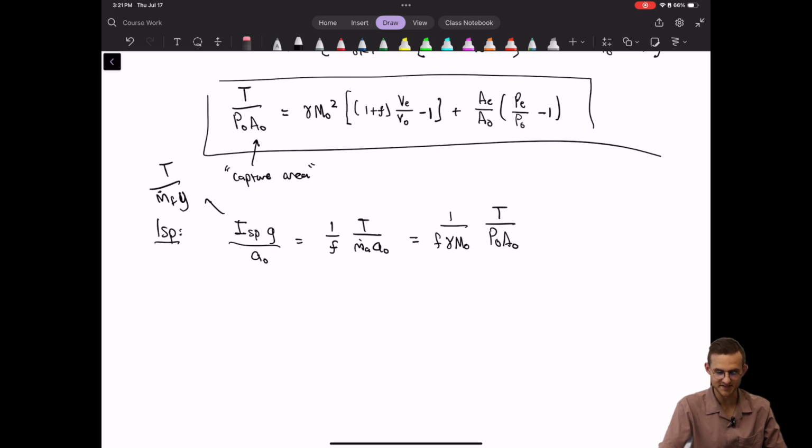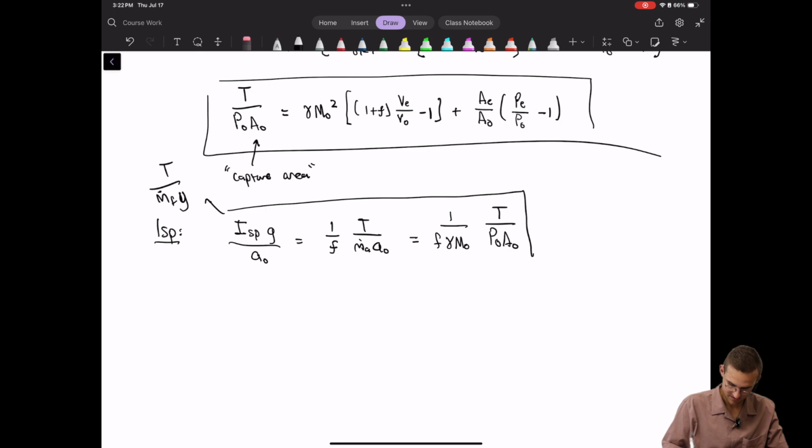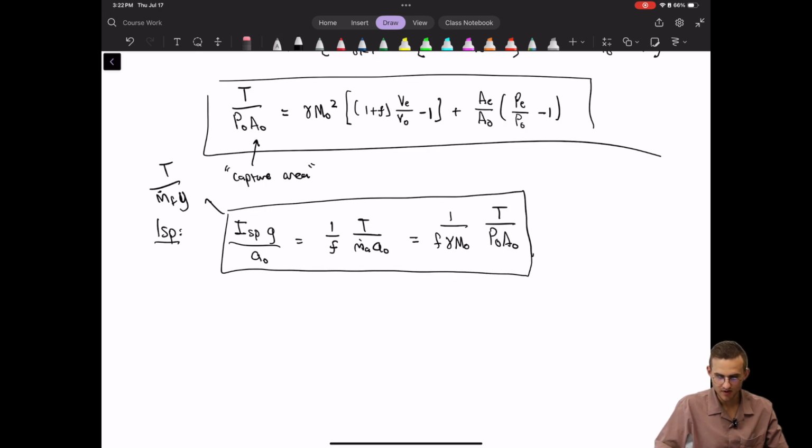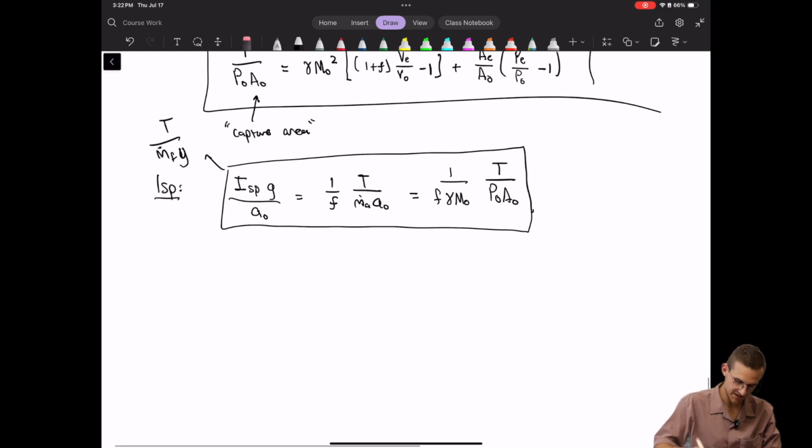Yeah, that makes sense. I was just making sure the units worked out between G and A there. Okay, so that's one thing. And then there is, of course, the overall efficiency.